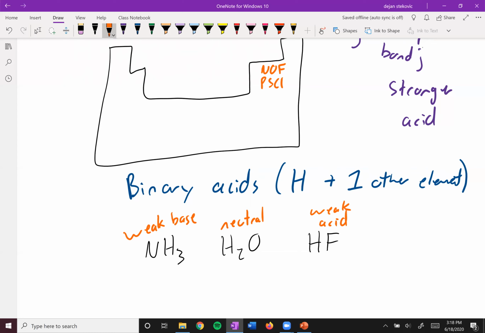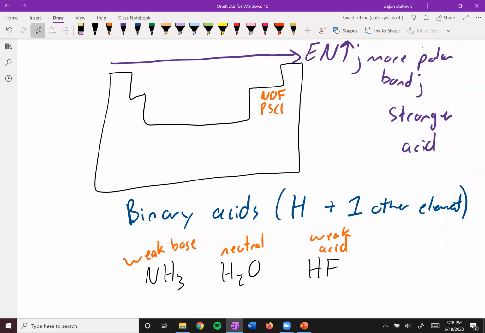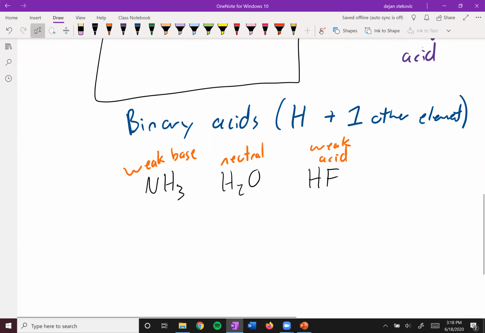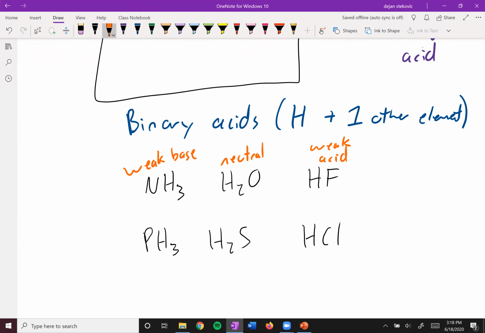So we can see when we go from left to right and increase the electronegativity, we make this bond more polar. Thus, we make it easier to release this H+. And same thing in this next row, PH3, H2S, and then HCl. PH3 is actually a weak base. H2S is a weak acid.